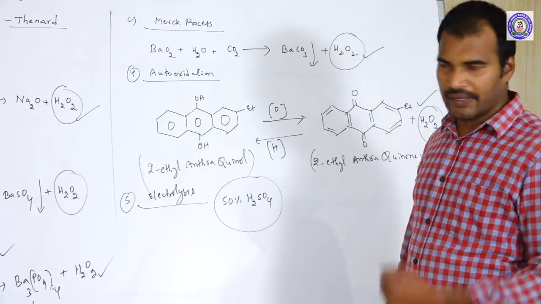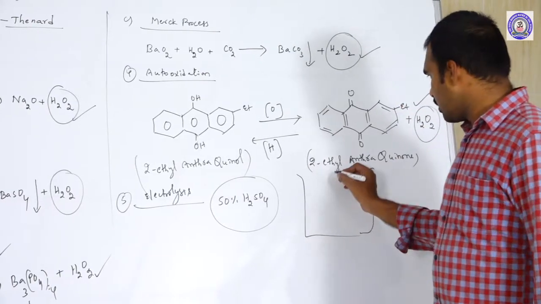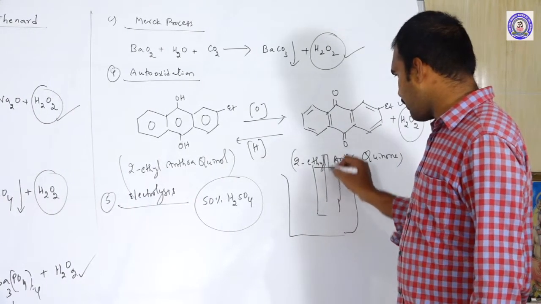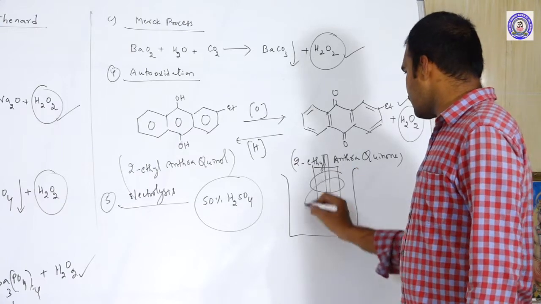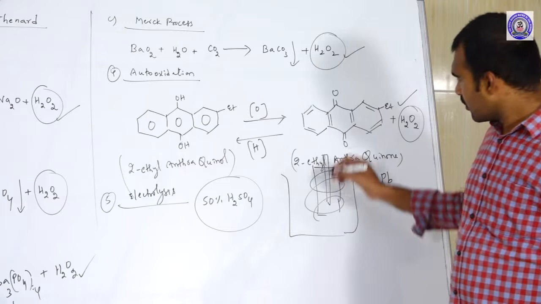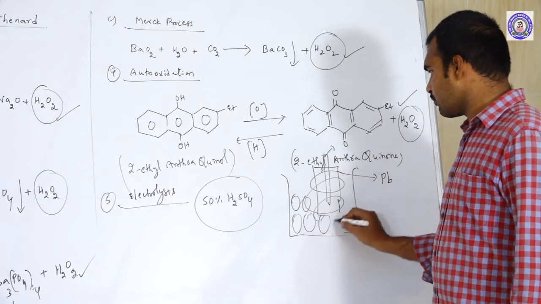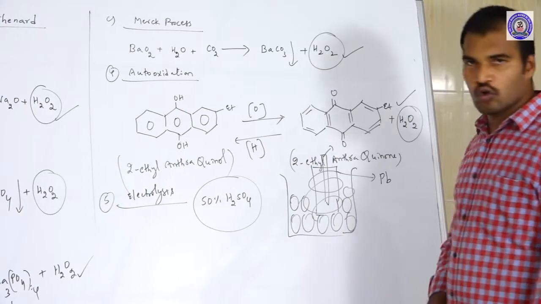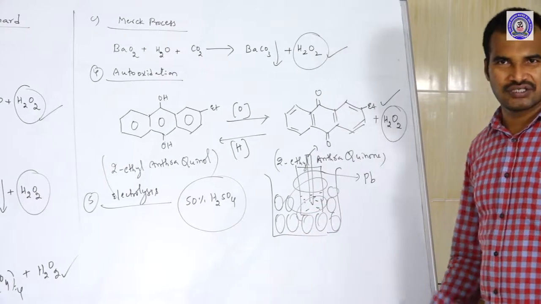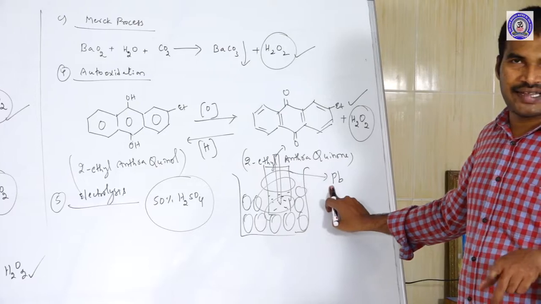How are they going to prepare it? Here there is a diaphragm, platinum rods, a lead wire, ice cold water, and 50% H2SO4. Just remember, this lead wire acts as a cathode.